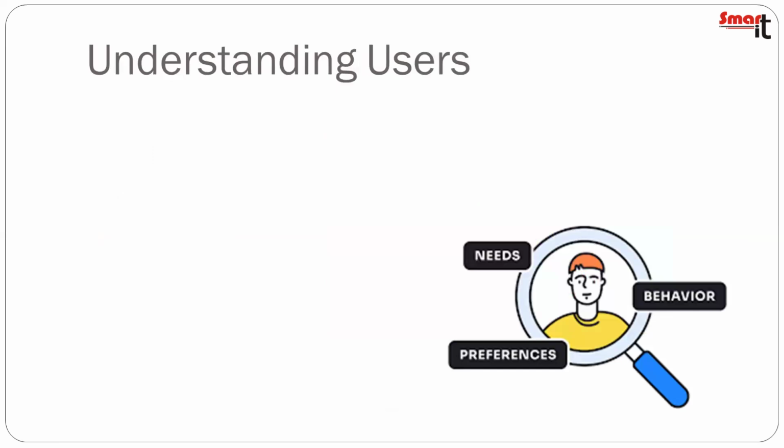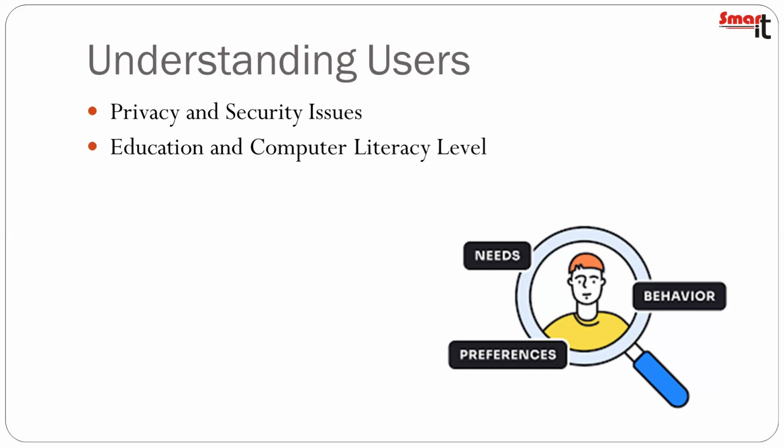Right. So when we are designing user interfaces, the first task is to understand users. When we are understanding users, we must be aware that each user is different in many characteristics. And you also have to think about privacy and security issues, because if you are going to understand the user, you have to gather some information, maybe private information.